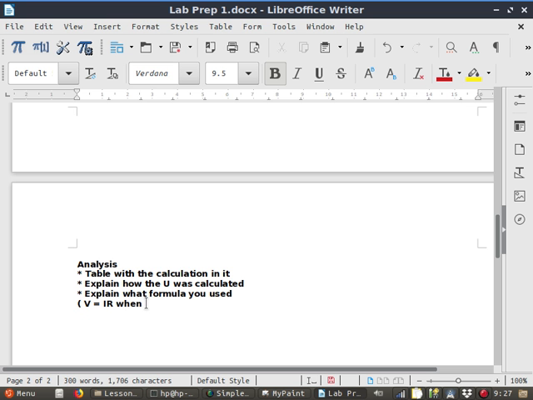When a plot is made with I on the y-axis and V on the x-axis, then the slope will be 1 over R, since I equals 1 over R times V. You have to explain.